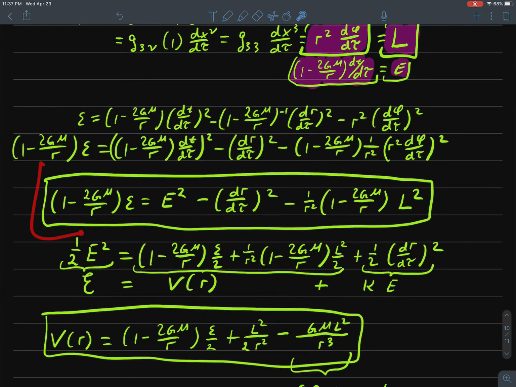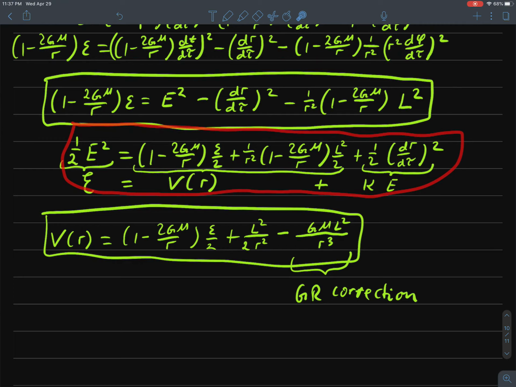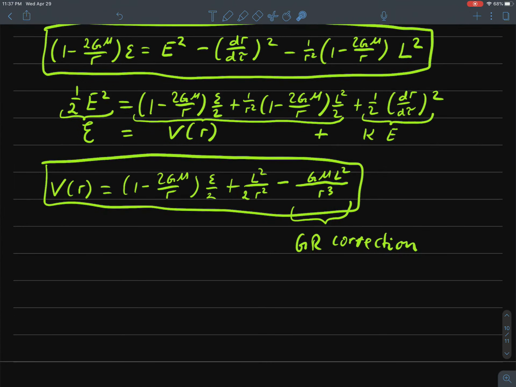And then we used those to rewrite our equation of motion in terms of an energy equation, total energy equals V plus T, kinetic energy, to get our Newtonian potential plus our general relativistic correction.